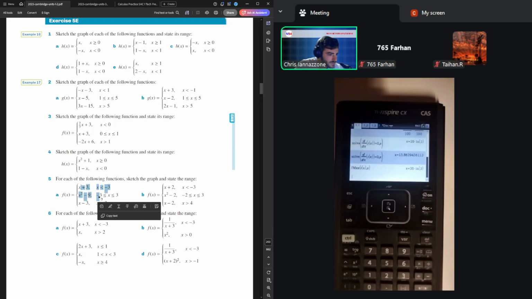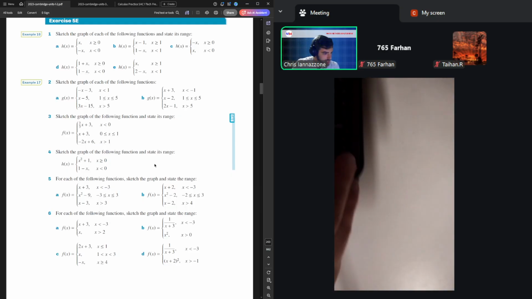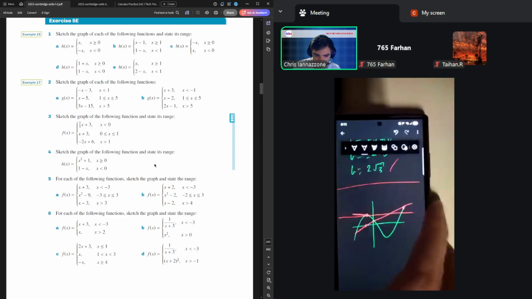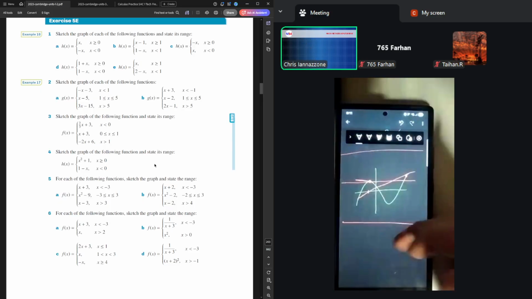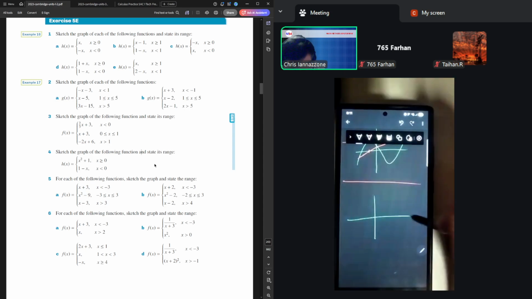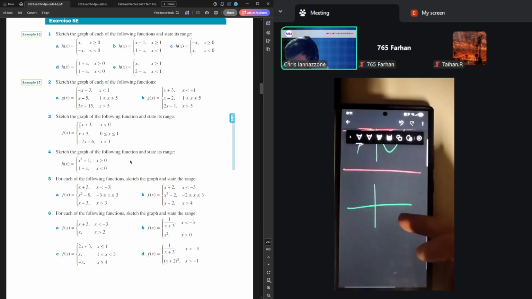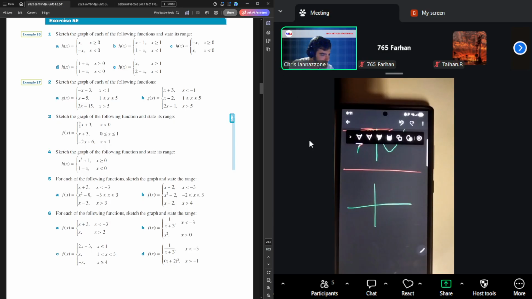So if we do 5a here, for instance, let's have a look. 5a is made up of 2 linears and a quadratic. So as long as we're familiar enough with how to sketch linear and quadratic, we'll be happy. First one for 5a says we're sketching x plus 3 over the domain x is less than -3. One way that you can do it is simply start by sketching the graph as if there was no domain there.